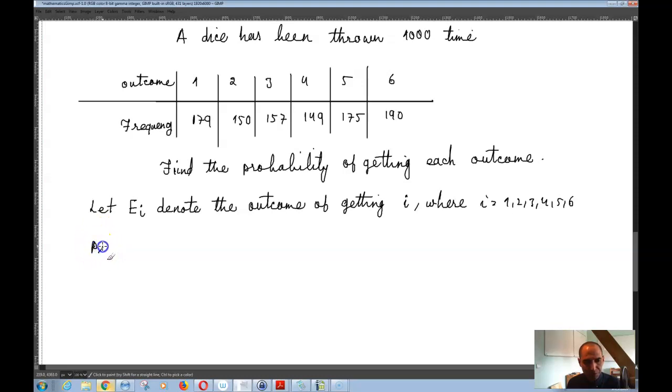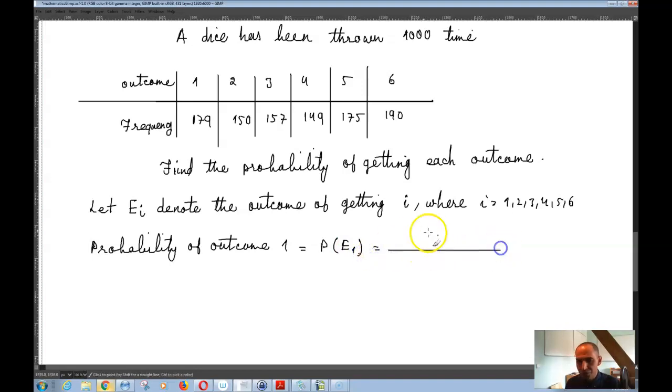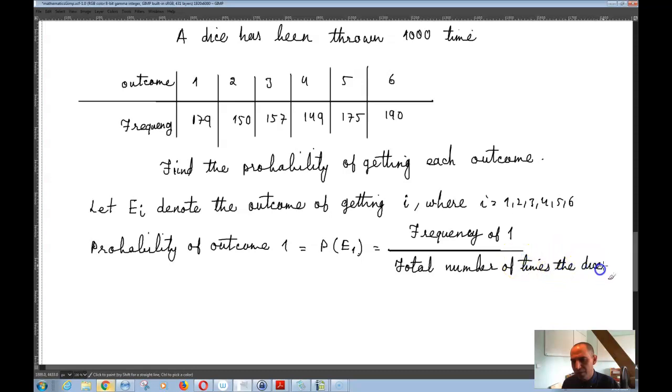Then we can write the probability of outcome 1 is equal to the probability of E of 1, which is the frequency of 1, meaning the number of times that 1 occurred, divided by the total number of times the dice was thrown.